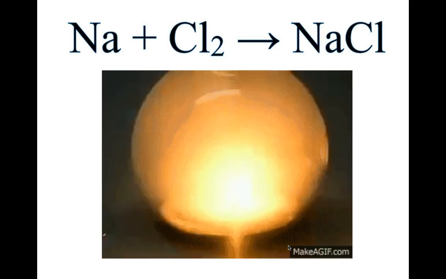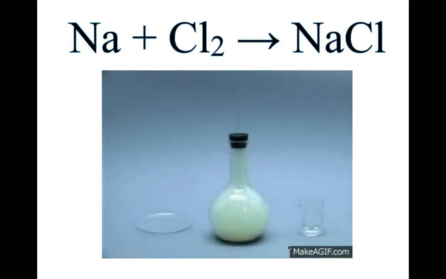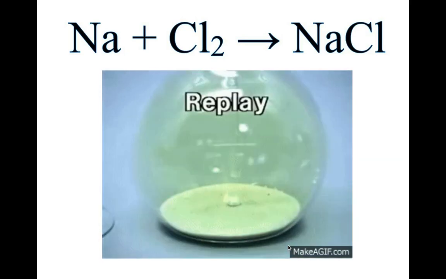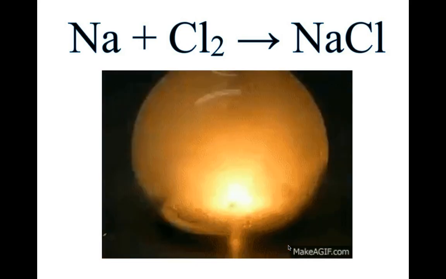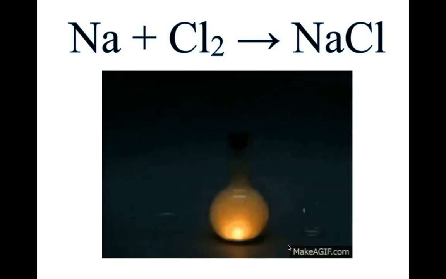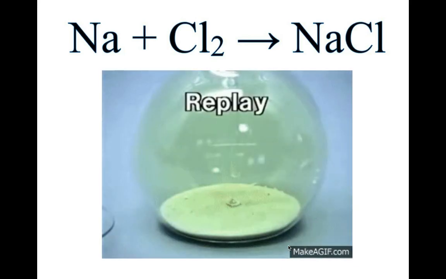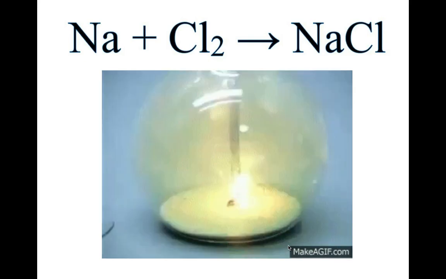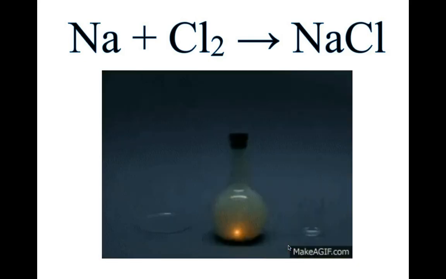The inside of the flask is coated with white sodium chloride, what you do put on your French fries. That chemical change has bonded the sodium and the chlorine together to form something brand new. Brand new with new properties, nothing like the original sodium and the original chlorine. And so we call this new substance sodium chloride.